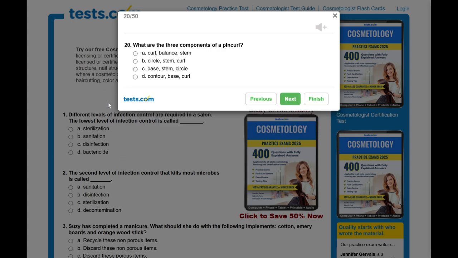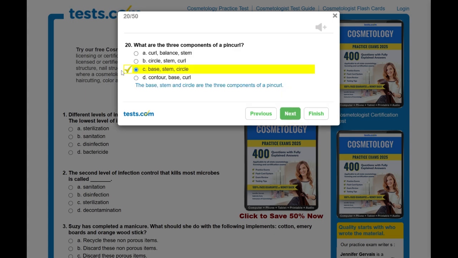Question 20. What are the three components of a pin curl? A. Curl, balance, stem. B. Circle, stem, curl. C. Base, stem, circle. D. Contour, base, curl. C. Base, stem, circle. The base, stem, and circle are the three components of a pin curl.